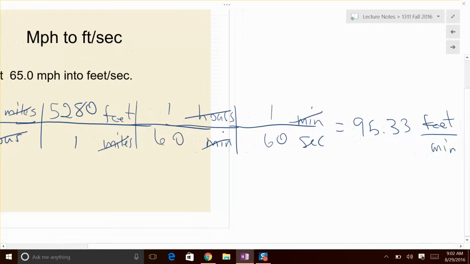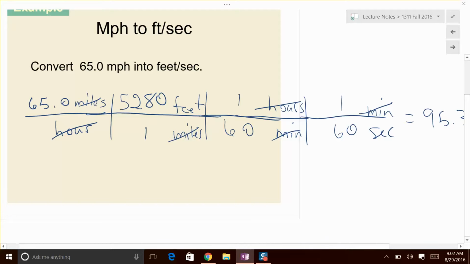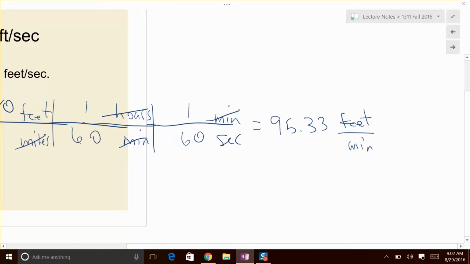How many significant figures should I report my answer to? I started with 3, and it's basically just conversion factors here, so I'm going to report my answer to 3. So 95.3 feet per second.